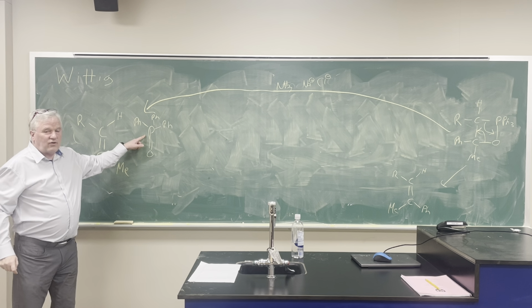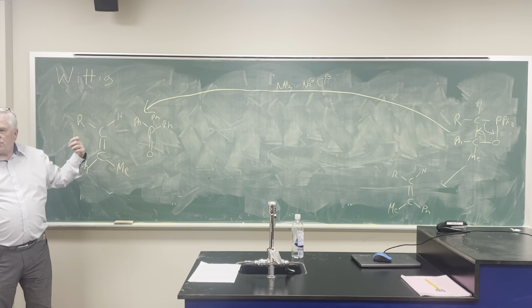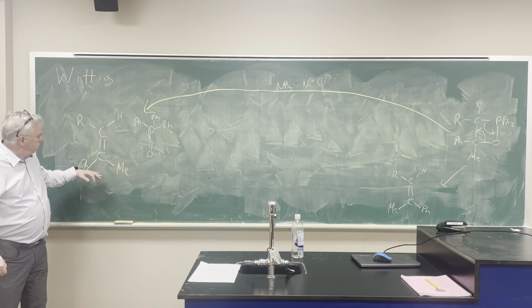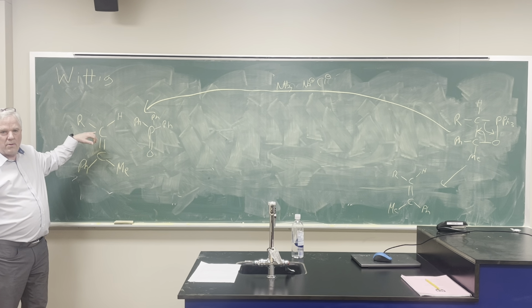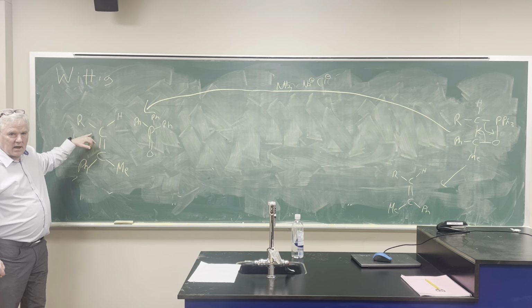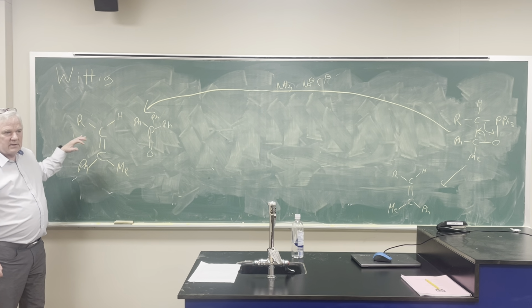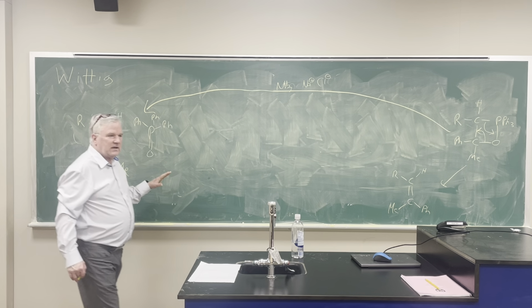So in a way, the phosphorus just removed the oxygen from the carbonyl compound, and we placed in its stead the thing that came from the alkyl bromide. So here's our carbon-carbon double bond, okay? So that's the mechanism for the Wittig reaction.